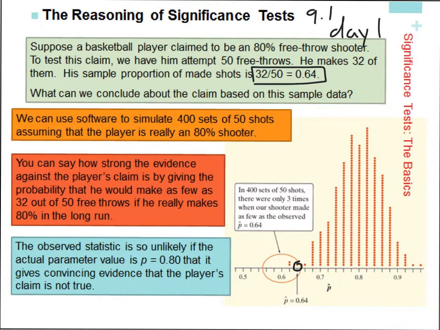Which is less, right? It makes us think maybe they're not as good a free throw shooter as they think. Maybe they're less than 0.8. Because this sampling distribution, which notice it looks normal, in fact, 50 times p would be 40, and 50 times 1 minus p would be 10, because we'll still have the normal condition.